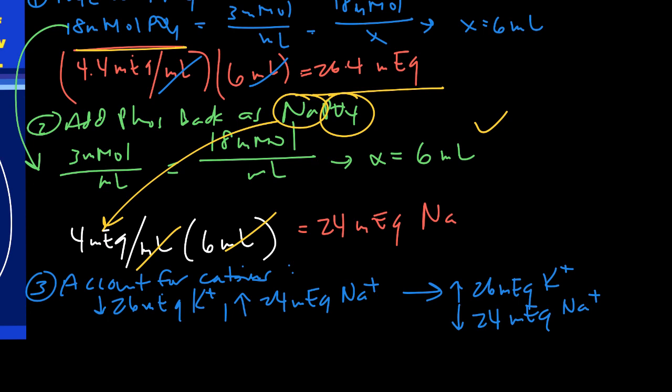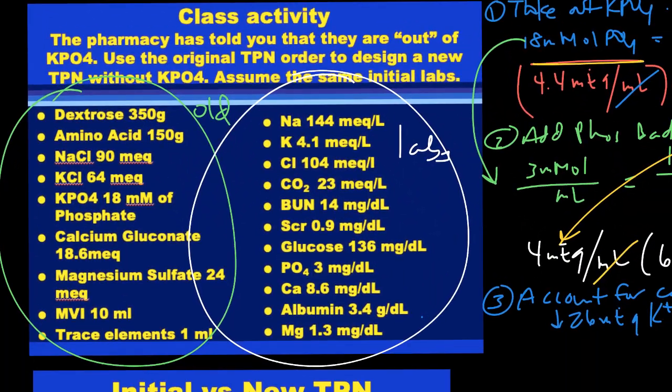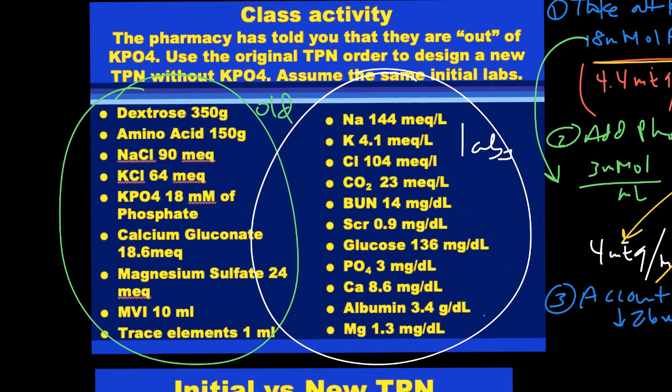So how do you do that? You have another source of potassium and sodium in this TPN. Potassium, you also find as potassium chloride. You find sodium as sodium chloride. So let's work with those.